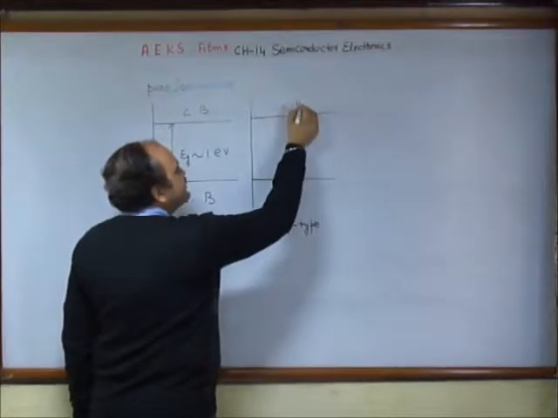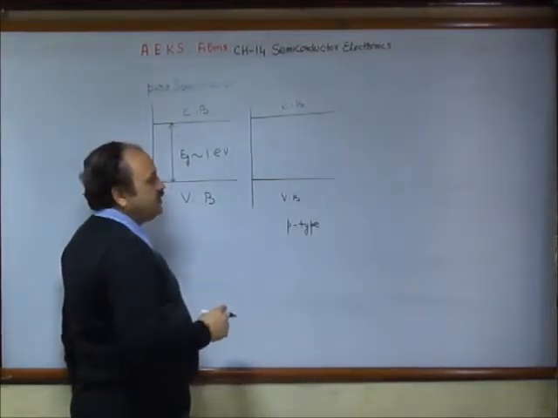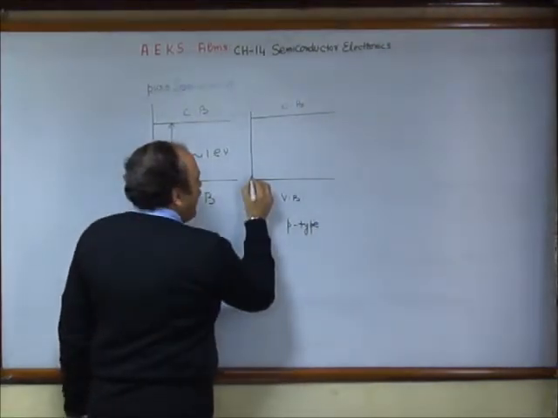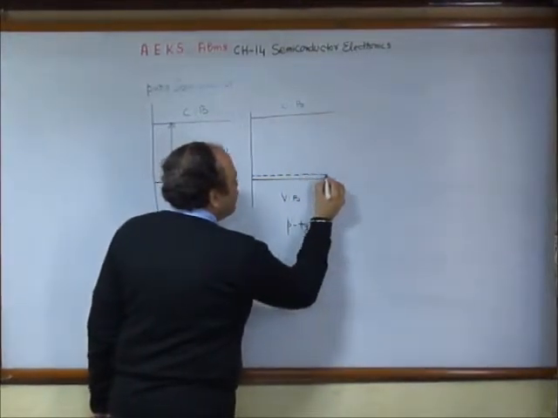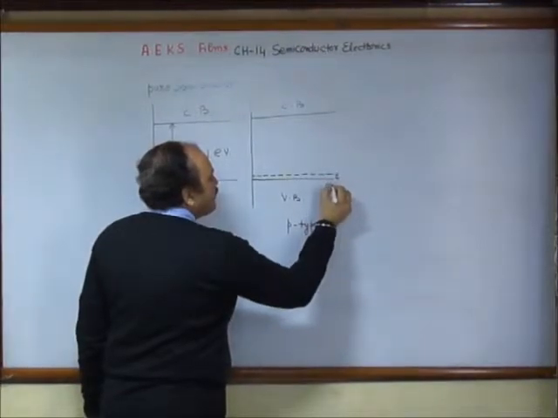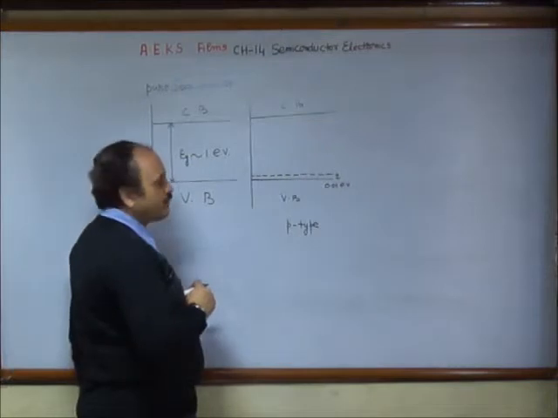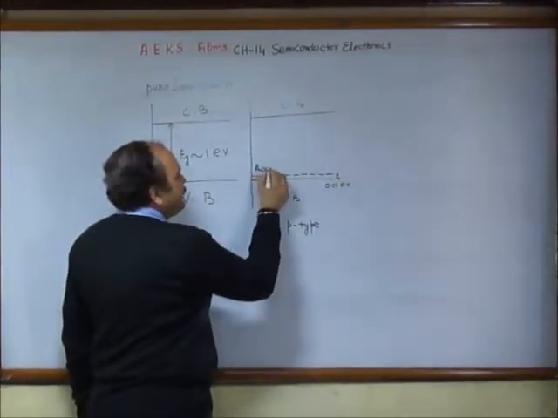But along with this, when we dope impurities, these impurities also have their energy level. And this energy level lies very close to the valence band. This gap is very small, of the order of 0.01 electron volt. This is known as the acceptor level.